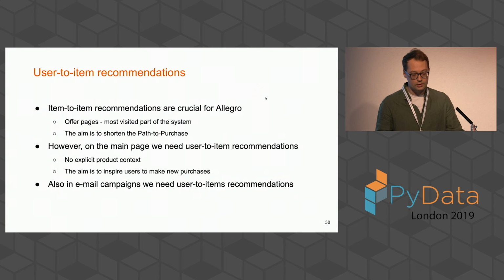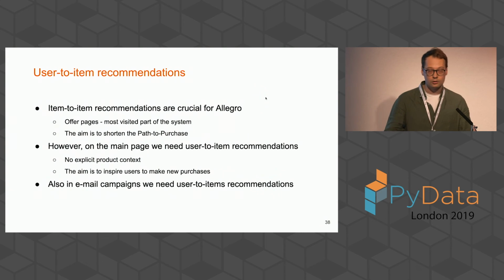These recommendations differ from item-to-item recommendations in at least two ways. The first one is that there is no explicit product context. We have to rely on some sort of user profile. And the second one is that it has a slightly different aim. The aim is to inspire users to make new purchases, not to shorten the so-called path to purchase, as is the case with item-to-item recommendations.